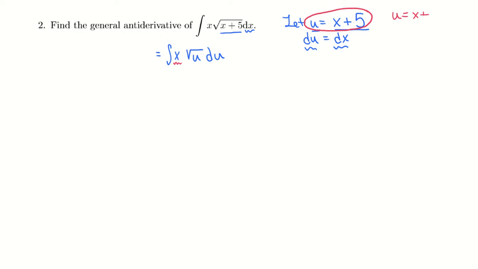So if u equals x plus 5, then u minus 5 equals x. So we can rewrite this as the integral of u minus 5 times the square root of u du.